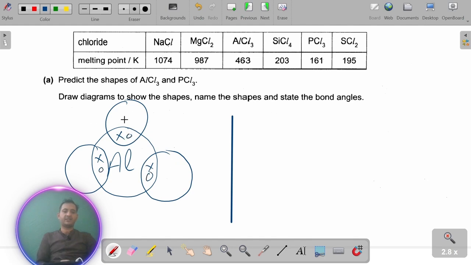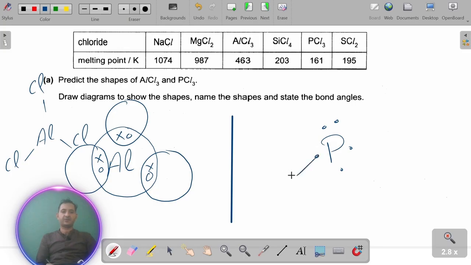So the shape is actually trigonal. Aluminum and the chlorines make a trigonal shape. But what about PCl3? Phosphorus is from group 5. It has 5 electrons, 1, 2, 3, 4, 5. So this lone pair of electrons is repelling the bond pairs, which make bonds with this chlorine and this chlorine.